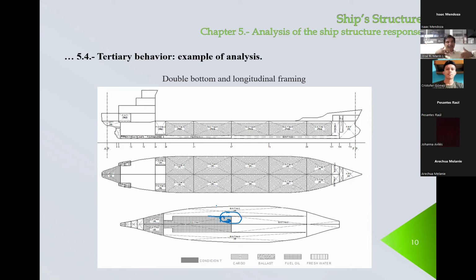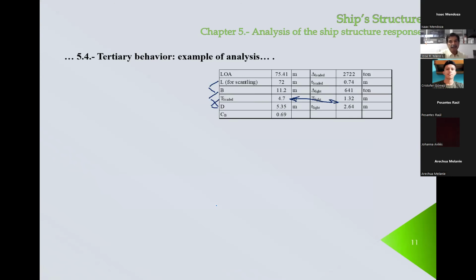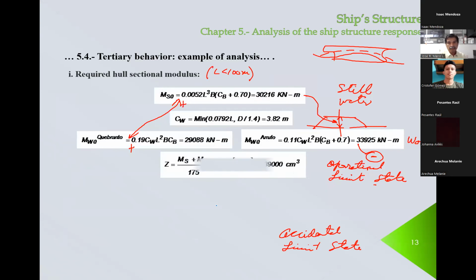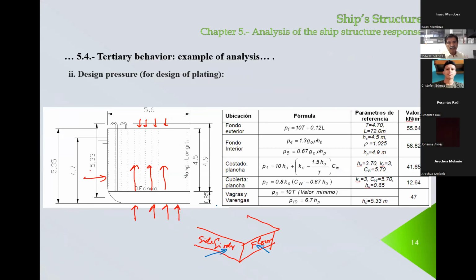So these vertical plates, which are the floor and the longitudinal girder, suffer a perpendicular pressure. You have to design those elements to support it. These are the values that we see here at the end of this table.